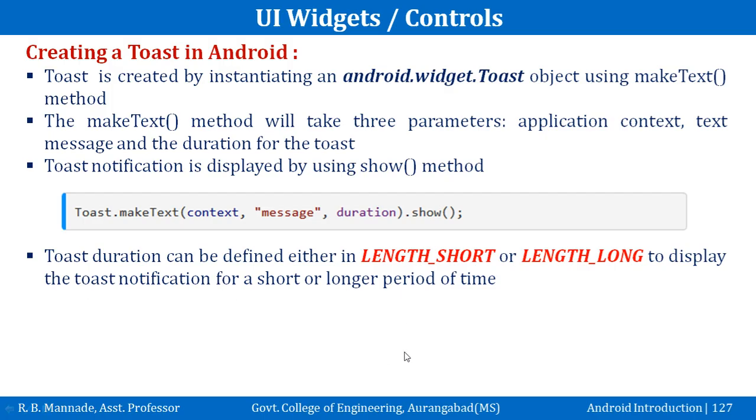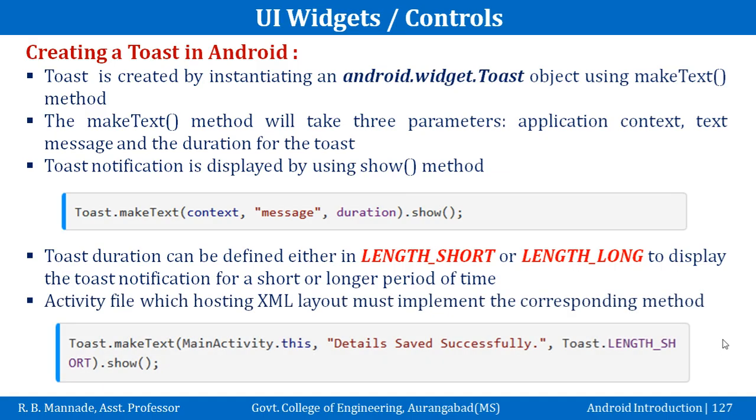Okay, and those constants are LENGTH_SHORT or LENGTH_LONG. So if we use the LENGTH_SHORT constant, then the duration of this message will be short. It means this message will be visible to the user for a short duration, whereas when we use the LENGTH_LONG constant, then the toast message will be visible to the user for some more time as compared to the previous one, that is LENGTH_SHORT.